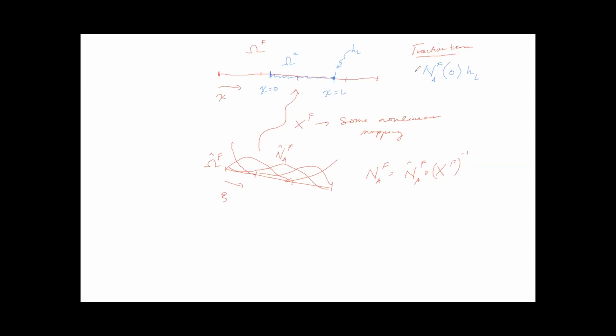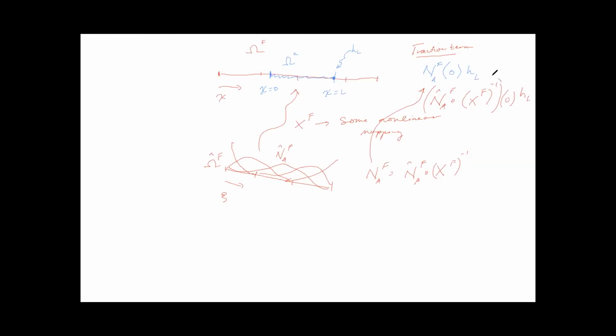Okay, so if we look at this term up here and we plug this in for NAF, what we realize is that what we really need to do is we need to take the inverse of our geometric map, right? So this whole term will be evaluated at x equal to 0 and then multiplied by our traction.